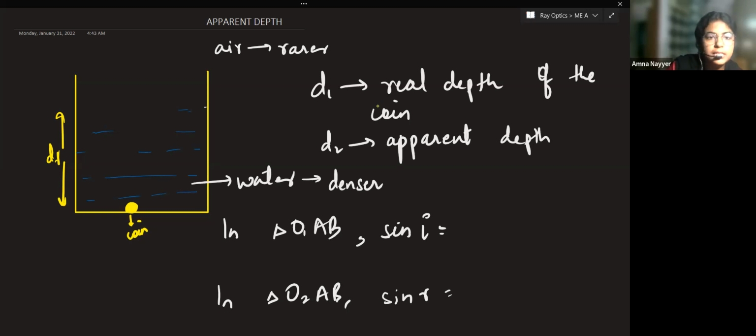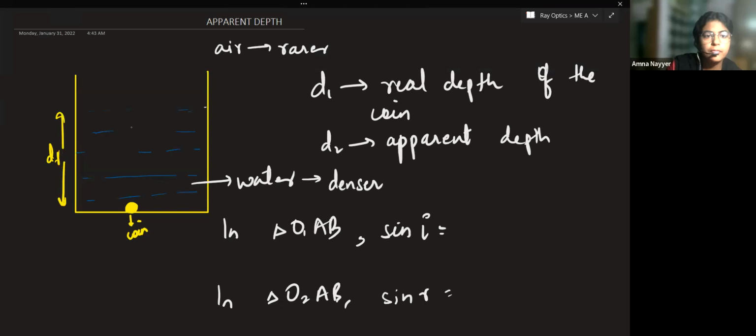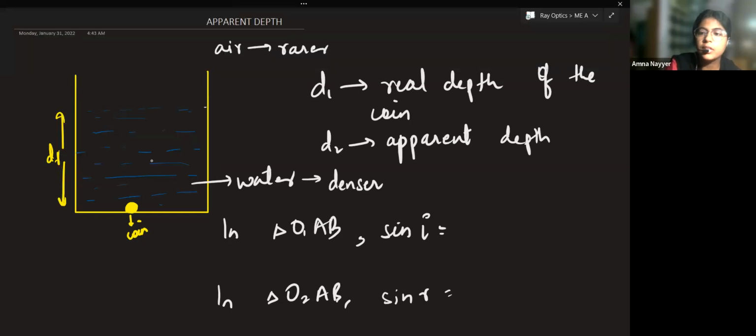Now what will happen? See, this interface is there. Now see, rays will be incident. So see, water is the denser medium, air is the rarer medium. Now the object is located in the denser medium, right? The object is located here.